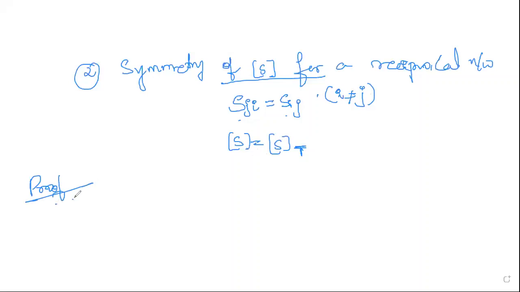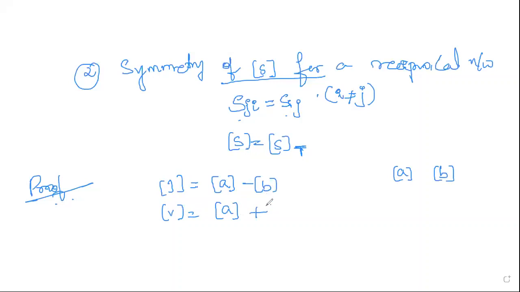To prove it, first consider the incident and reflected voltages as A and B. Similarly, for current and voltage, the current matrix is incident minus reflected, and in terms of voltage it is incident plus reflected. Now we will consider two equations.